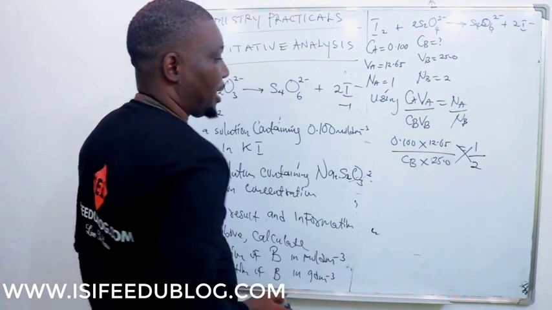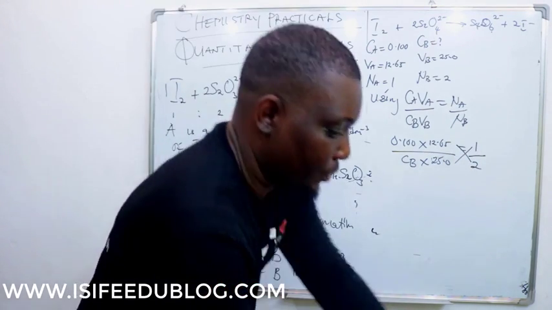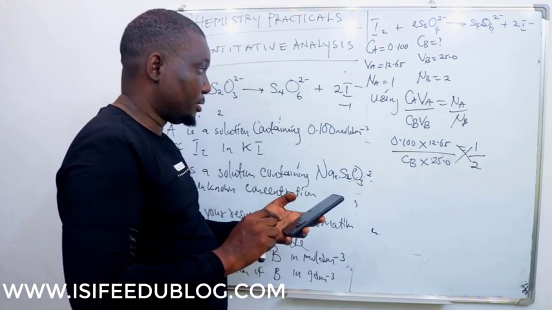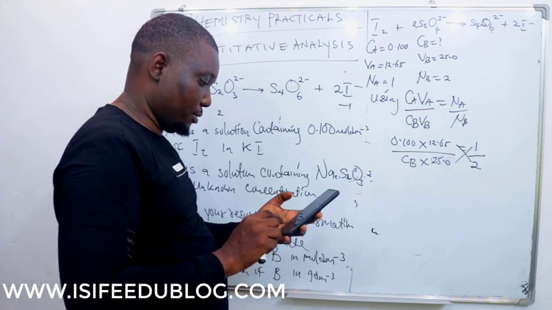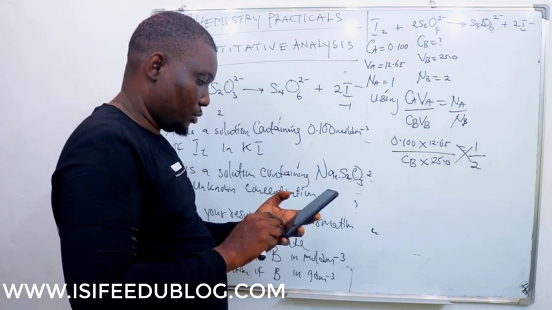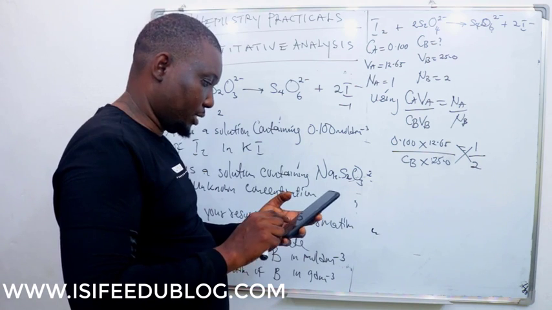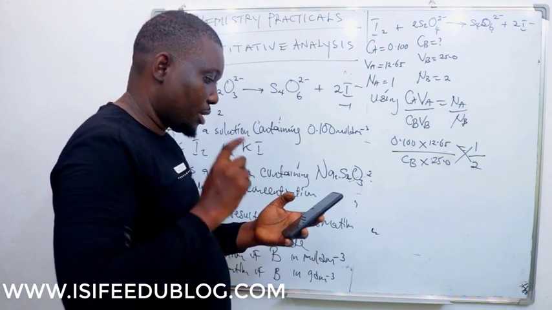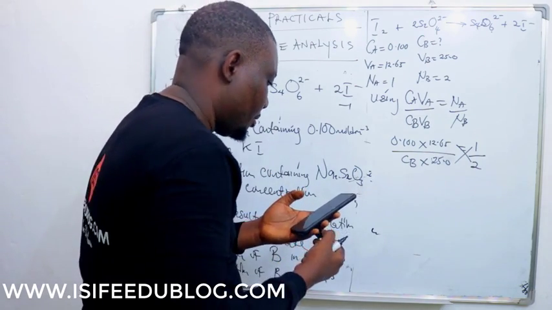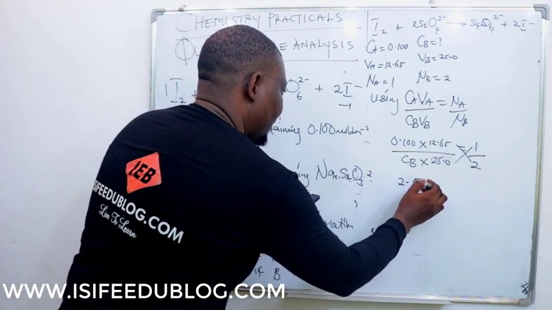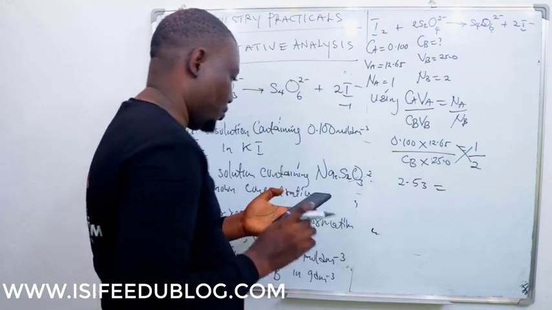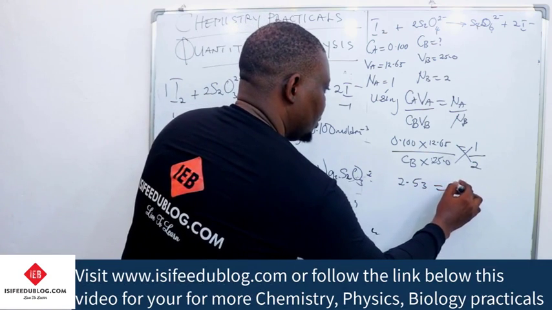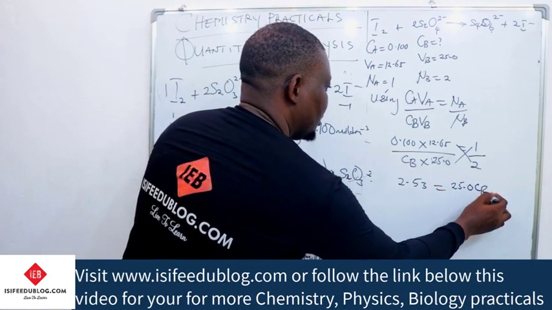What do we do? We cross multiply. And then we have 0.100 times 12.65 times 2 gives me 2.53, which is equal to 1 times 25 times CB, which gives me 25.0 CB.